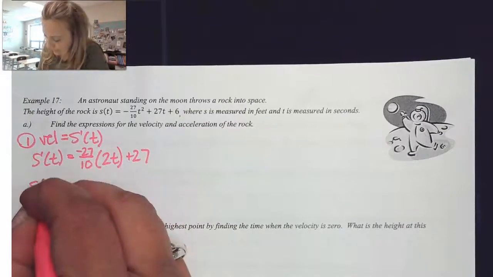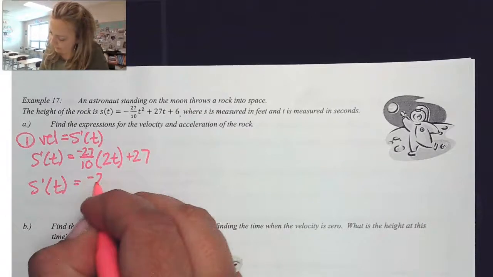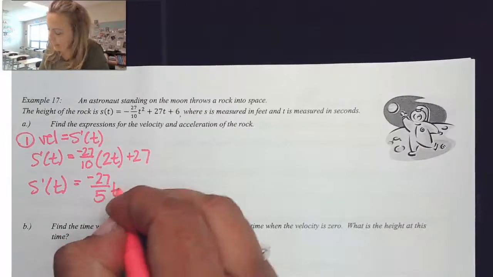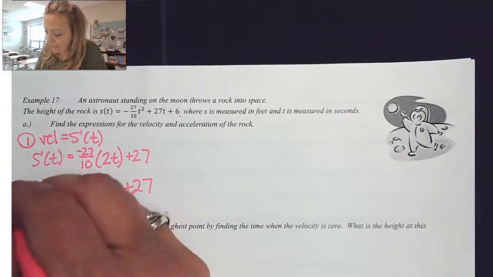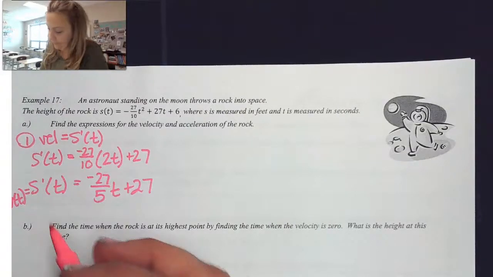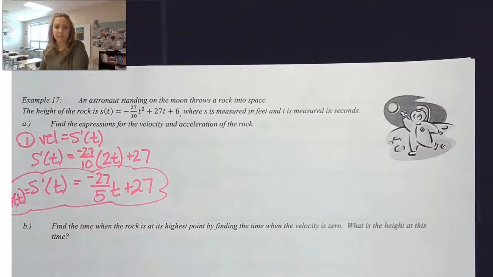So essentially, s prime of t, we can cancel this here, is going to be negative 27/5 t plus 27. And remember that this really is also the velocity. Okay. So that's our expression for the velocity.